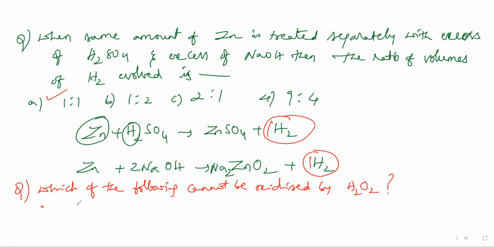Options given are ozone, KI, NHCl, C, PbS, D, sodium sulfide. So correct option here is hydrogen peroxide cannot oxidize ozone. It cannot oxidize ozone. Next question.